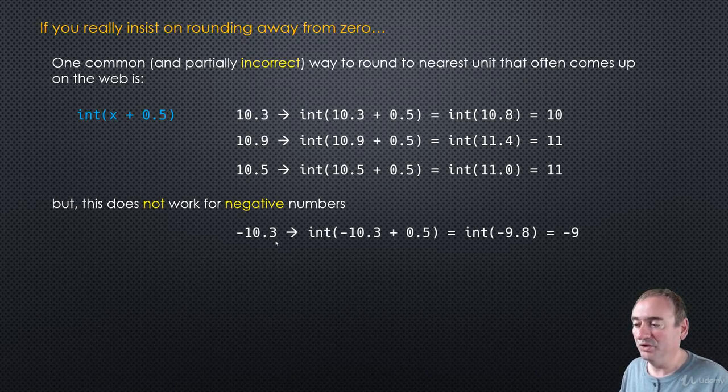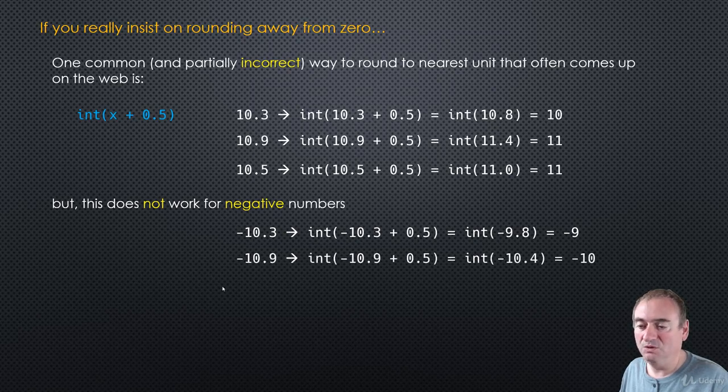Let's look at negative 10.3. If we're rounding away from 0, we should expect to get negative 10. But if we look at the int of negative 10.3 plus 0.5, which is what this formula was, we get int of negative 9.8, which is negative 9, not what we expected. So it doesn't work. And negative 10.9 will actually round to negative 10. Again, not what we want.